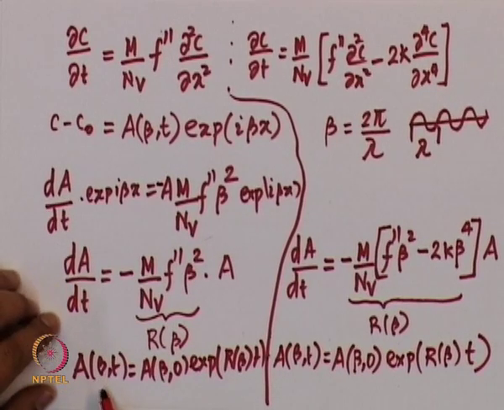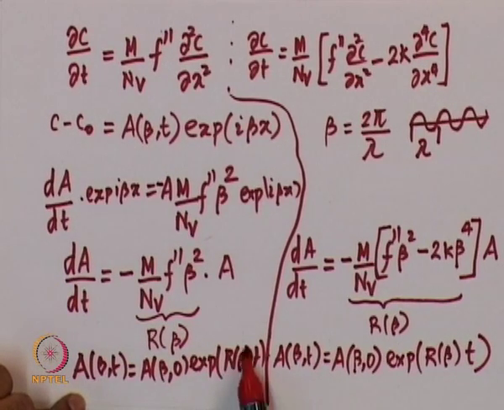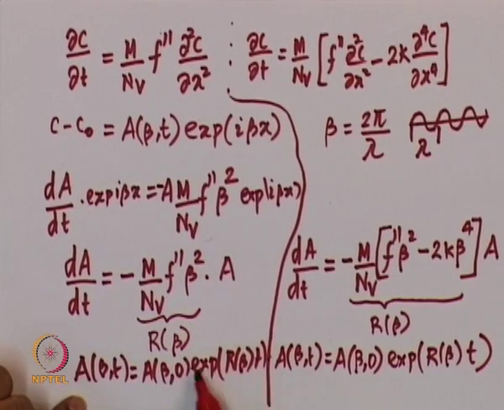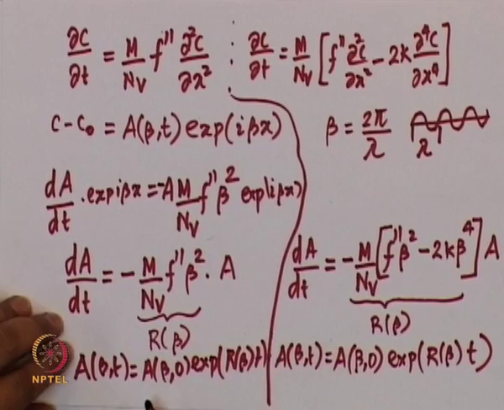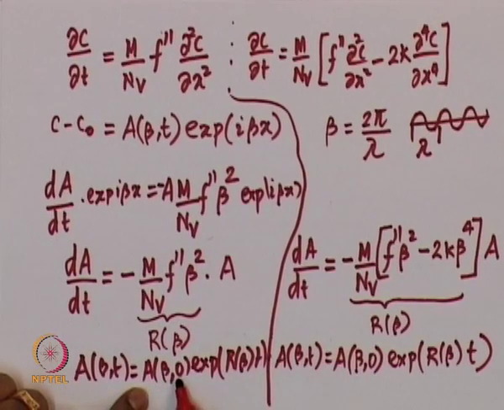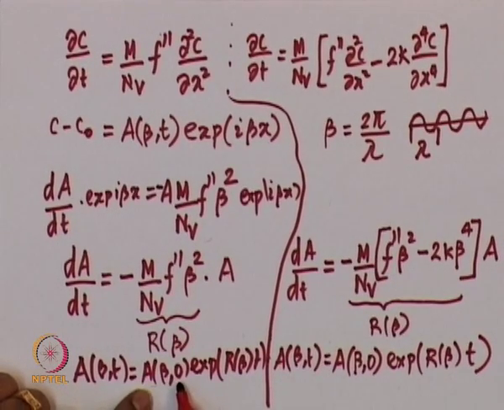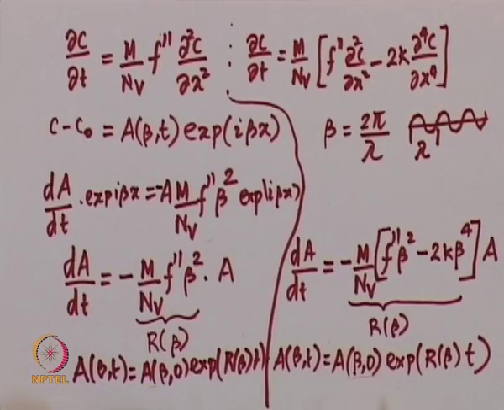So, depending on R of beta, if it is positive, it is an exponential term, so it will keep increasing. This is the initial amplitude at time t equal to 0. That amplitude will keep growing if R is positive, and it will decay if R is negative. Similarly, here, depending on whether R is positive or negative, this will grow or decay.